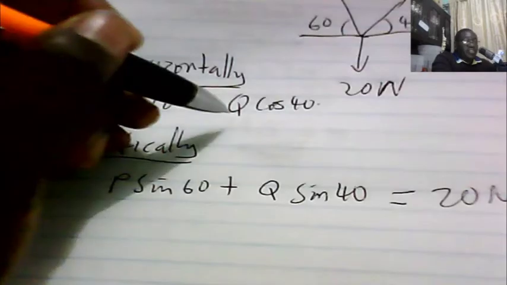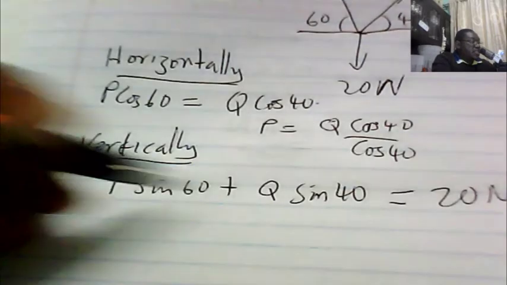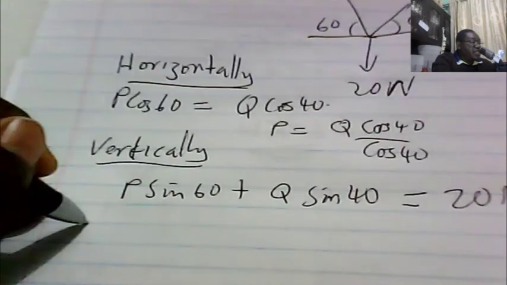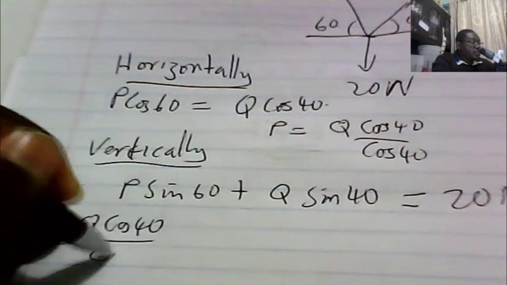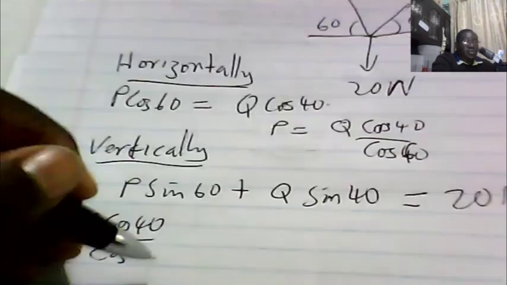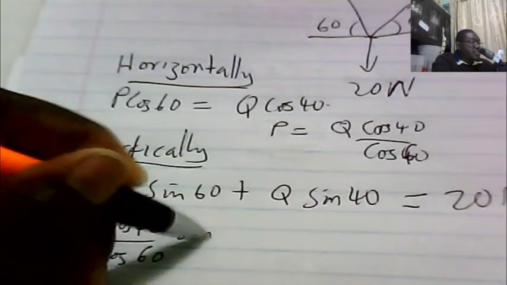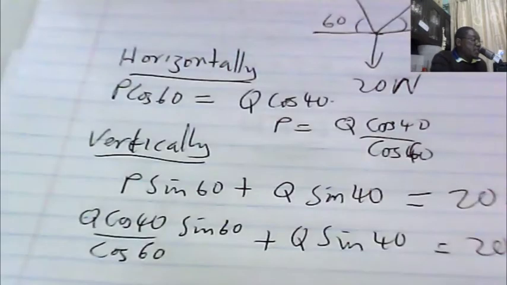In the first case, you could just make P the subject. So P will be equal to Q cos 40 divided by cos 60. And then substitute it into here. So wherever you have P, you just write Q cos 40 over cos 60, times sin 60, plus Q sin 40 should equal 20 newtons.